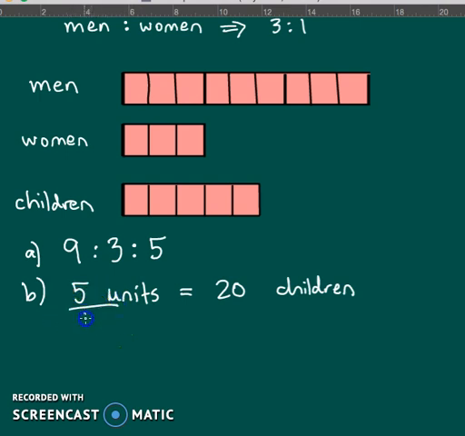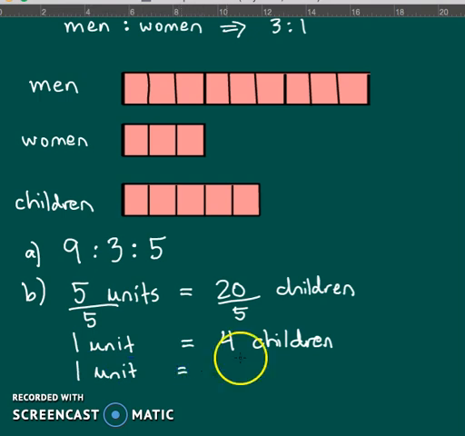So let's divide by 5 on both sides. And we find out that 1 unit represents 4 children. Or, in terms of the entire question, 1 unit represents 4 people.